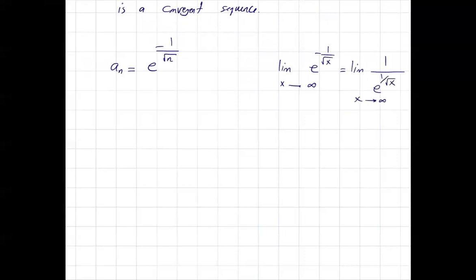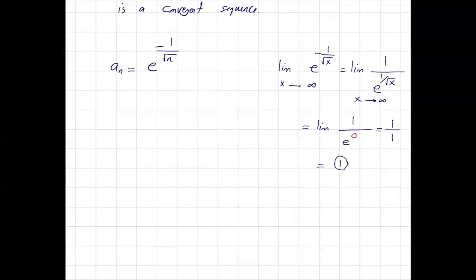So first, get rid of the negative exponent, write it in the denominator with a positive exponent, then take the limit. When we take the limit, this is equal to the limit of 1 divided by e to the power 1 over infinity, which becomes 0. Okay, I have 1 over e to the power 0, which is 1. So the limit is equal to 1.